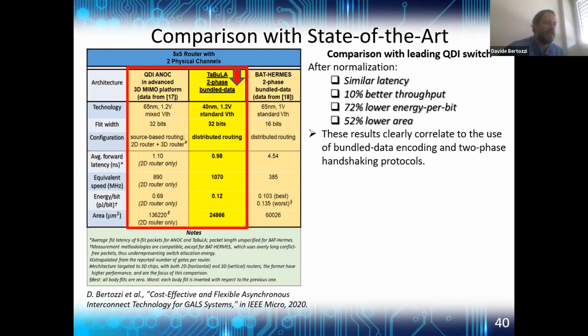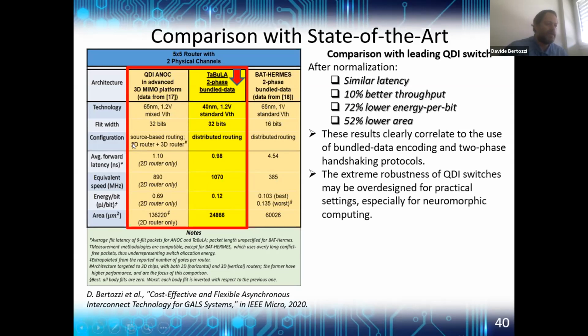And these results clearly correlate to the use of bundle data encoding and two-phase signaling protocols. It has to be recalled that some of the QDI NoC's design space decisions have been made to target extreme robustness, resilience to arbitrary bit skews, to physical operational variabilities, and so on. But some extreme robustness may turn out to be over-designed for many practical system settings, especially if you think about neuromorphic computing that exhibits an inherent algorithmic robustness to variability, noise, and unreliability.